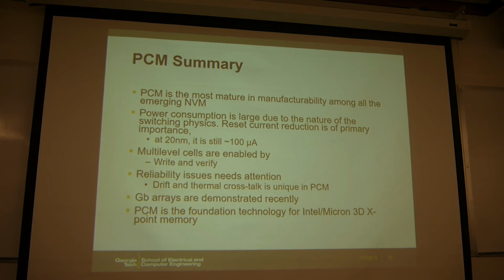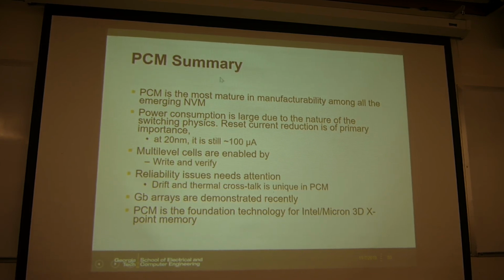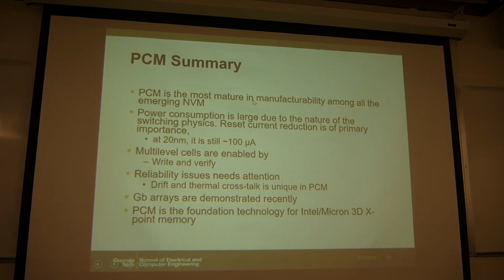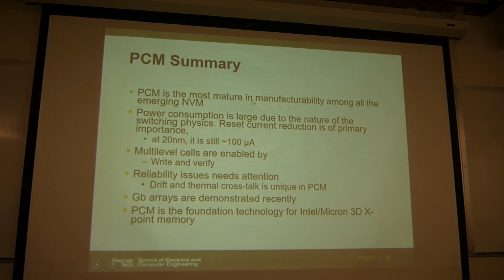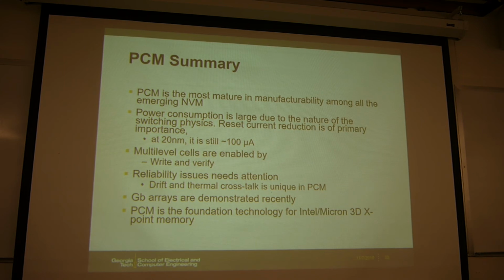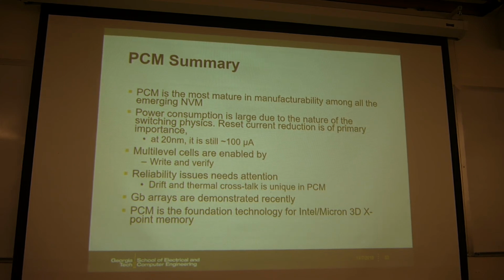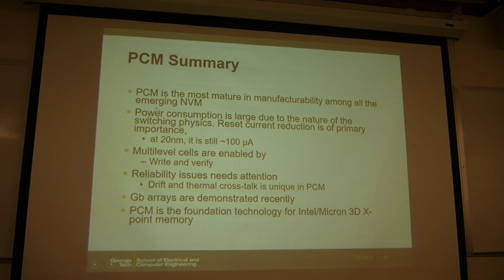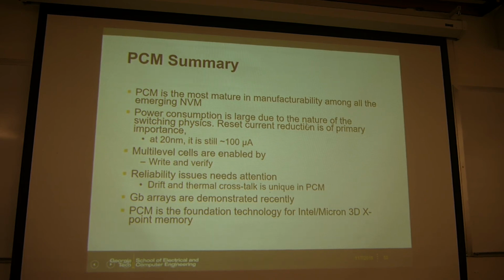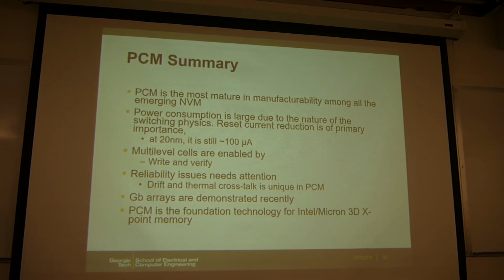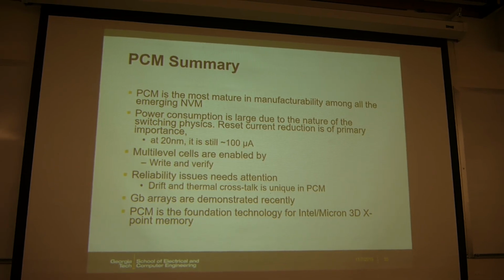Okay, so this is the summary. Phase change is actually the most mature technology among the emerging non-volatile memories. It's already manufacturable in some of the companies. And the key challenge is still that the power consumption is so high due to the melting nature of the switching mechanism. Right? We need this current to generate the heat.